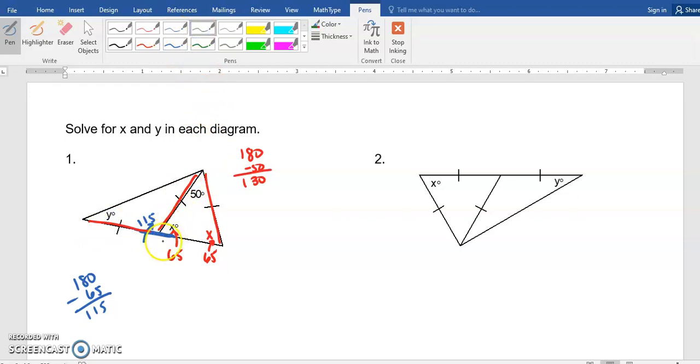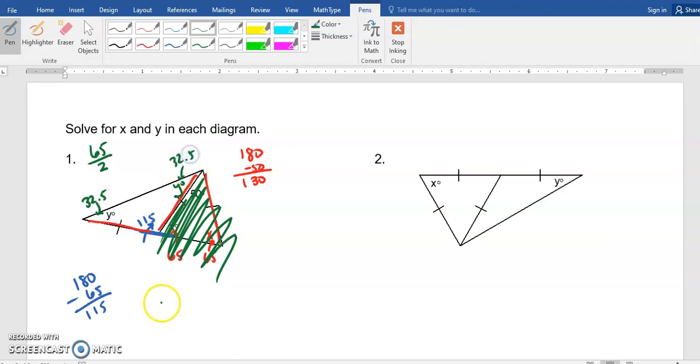If we look at the other triangle, it has a 115 angle, and because the two sides are the same, those two angles are the same. So we've got 65 degrees left to split evenly between those two, and y would have to be 32.5. So x is 65 and y is 32.5.